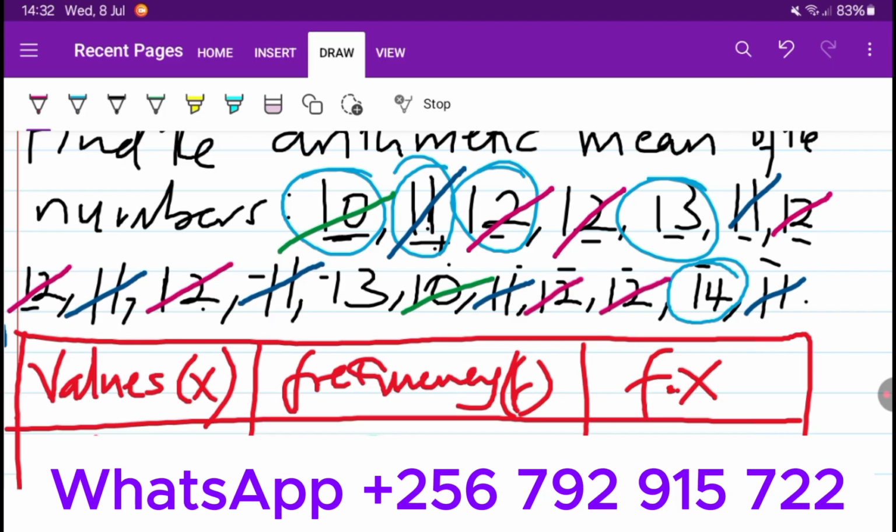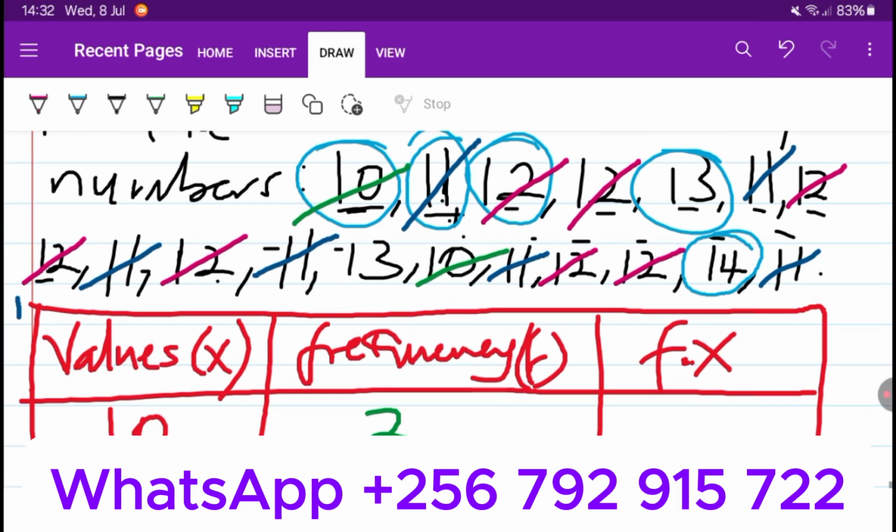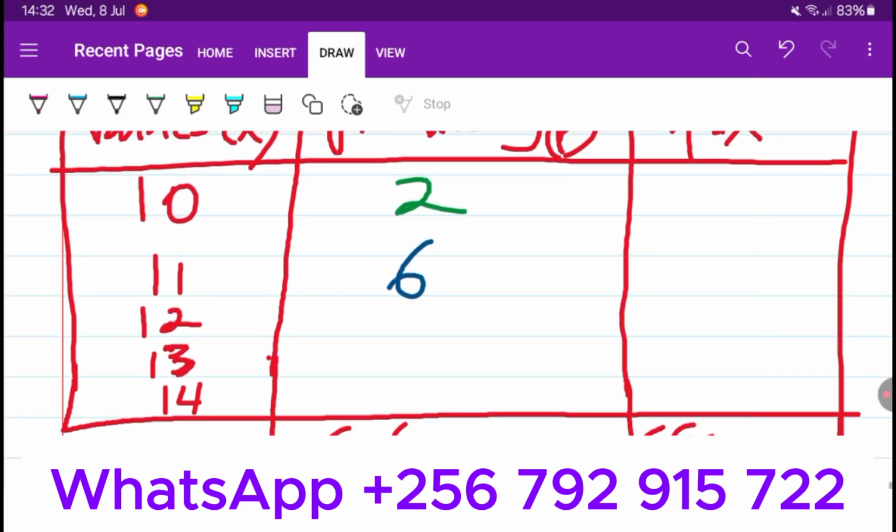It appears 7 times. So you go to the other side and indicate a 7 here, that this appears 7 times.